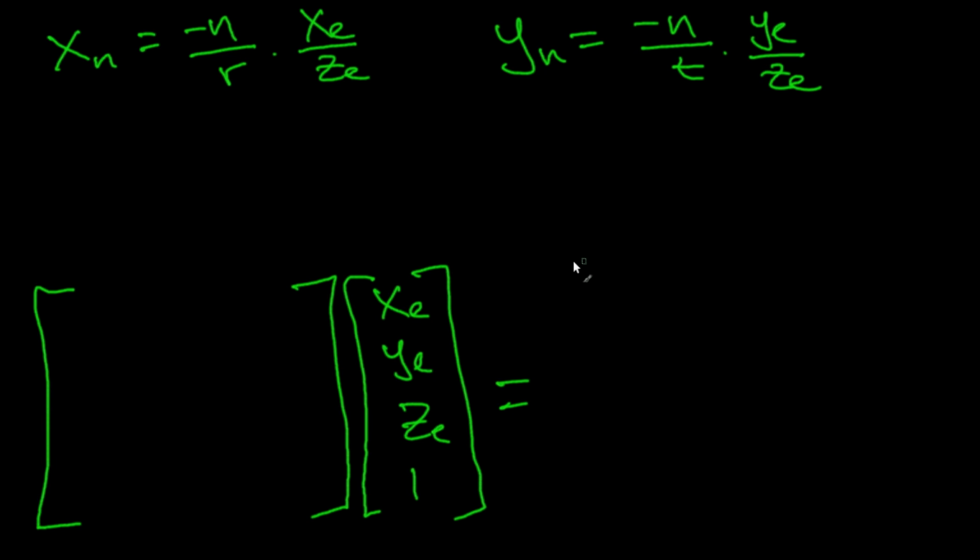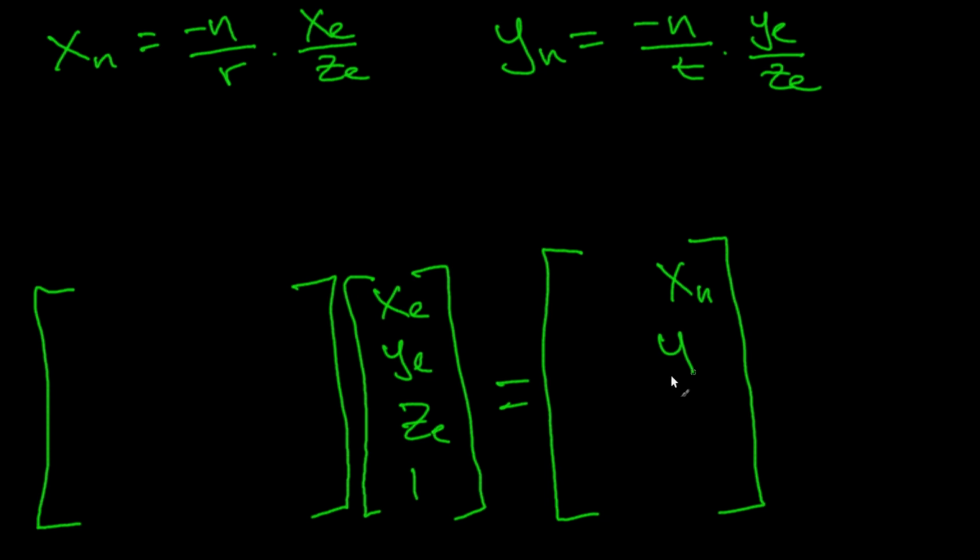We're going to multiply that by something, and we want to get out xn, yn, and then we'll come back to the other two values too. But we definitely want xn and yn. Those will get us our pixel coordinates ultimately when we do the viewport transform.